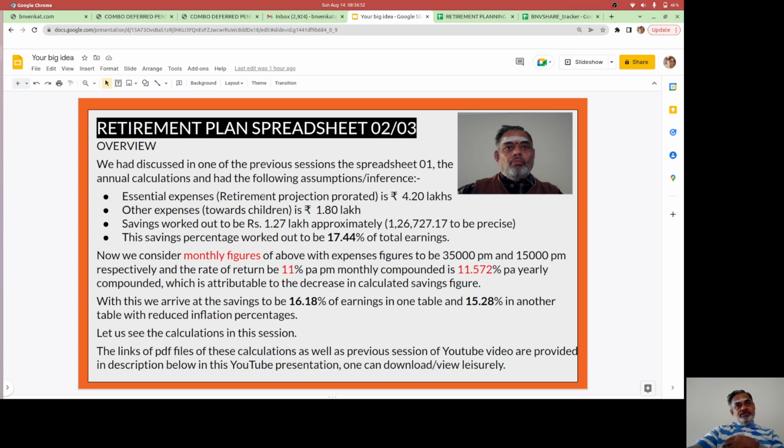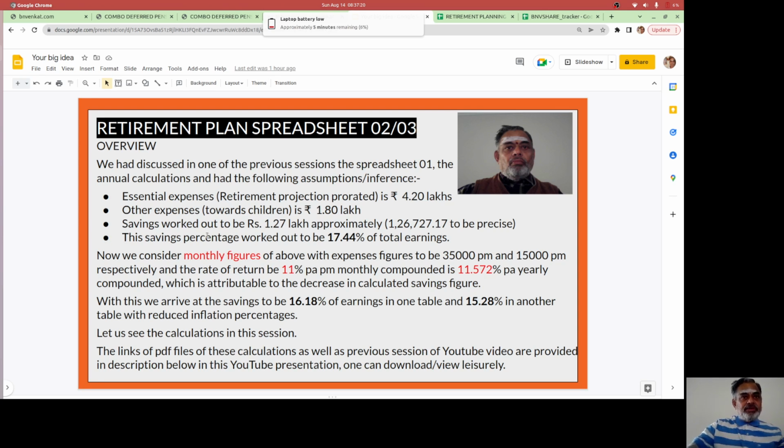Essential expenses for the retirement projection, prorated, are 4.2 lakh rupees at the beginning of the term. Other expenses towards children are 1.8 lakh per annum. Savings worked out to be approximately 1.27 lakh, or 1,26,727.17 to be precise.